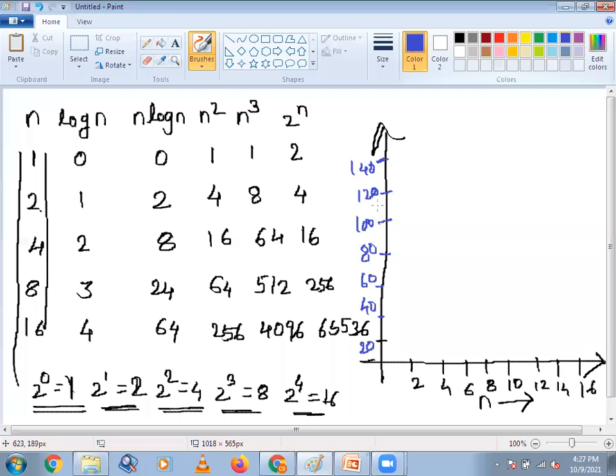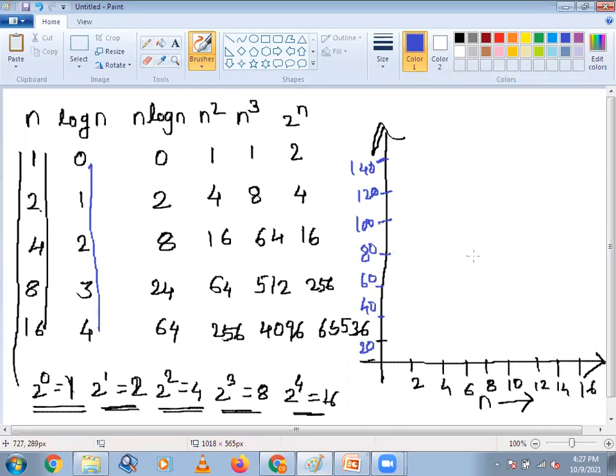So we'll plot the graph first for log n. For these values, first we plot a graph.